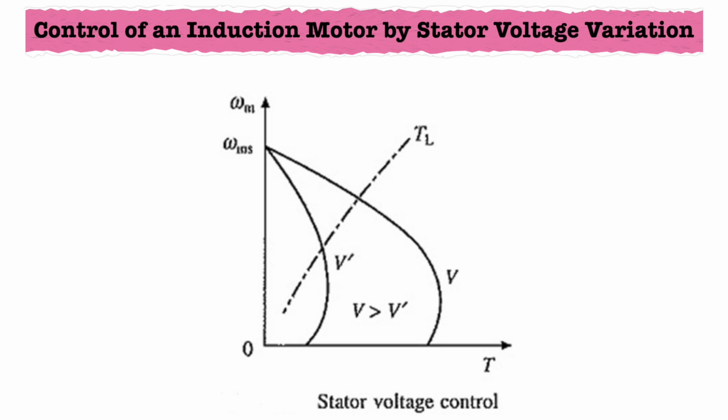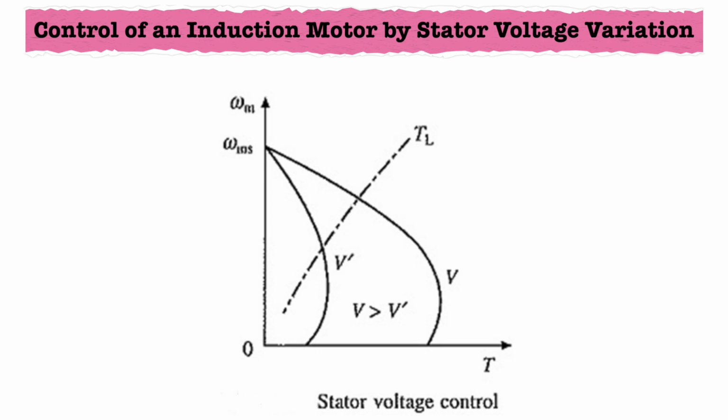By reducing stator voltage, speed of a high speed induction motor can be reduced by an amount which is significant for speed control of some fan and motor drives. The speed torque curves of this control are shown in the figure.